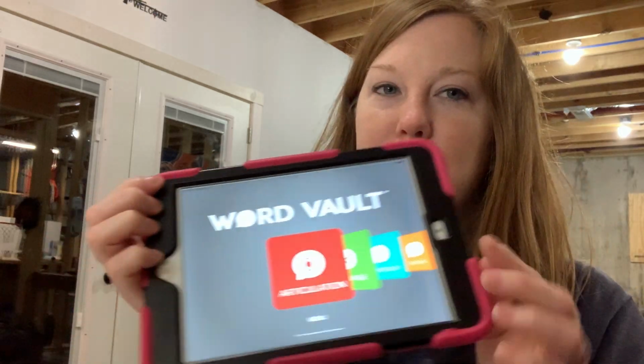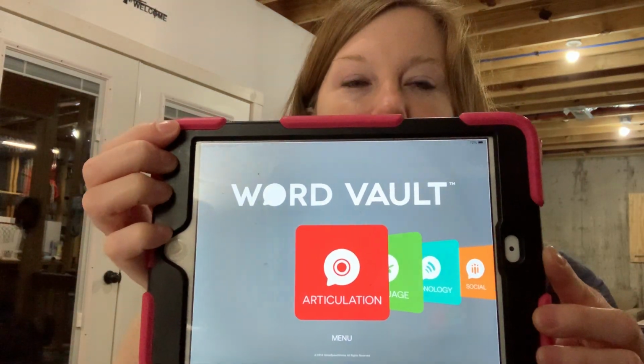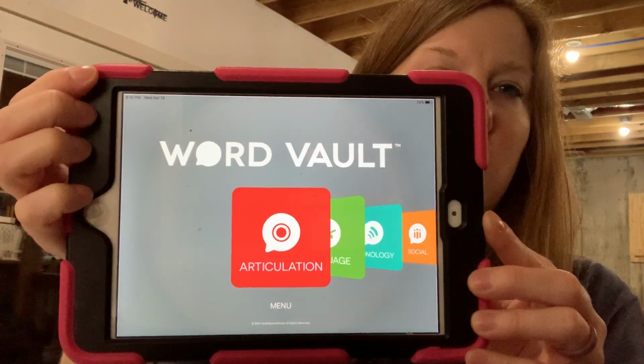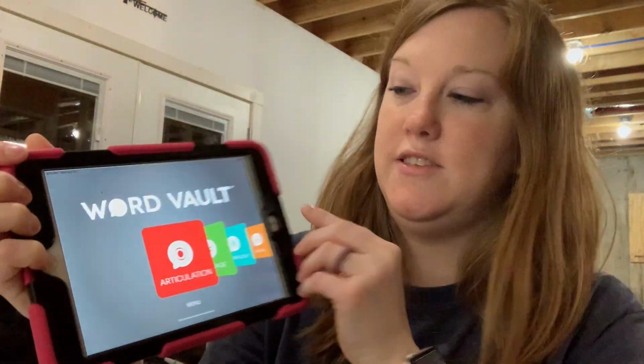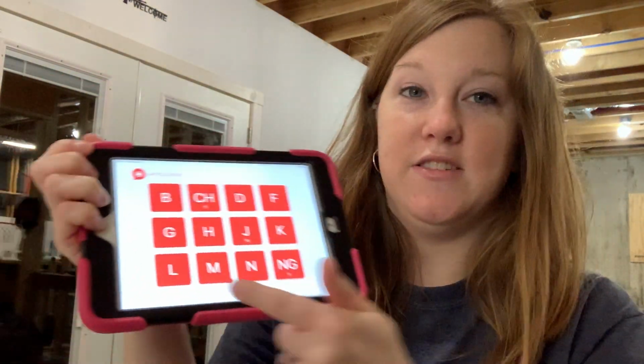As far as apps that I like to use, and I think this one is free, you may want to try it if you have a tablet or iPad at home. It's called Word Vault. You go to Articulation and it has all the different sounds. You can pick which sound your child's working on, and it breaks it down to the word level.